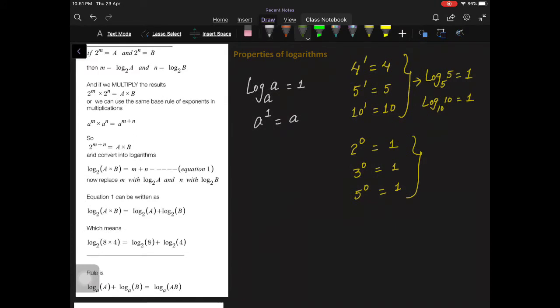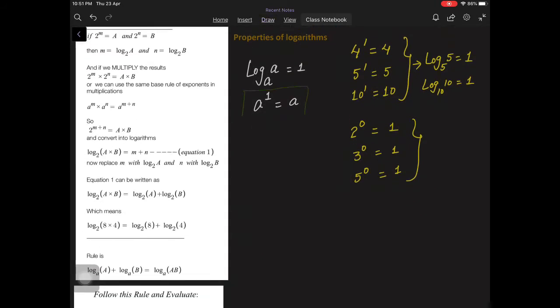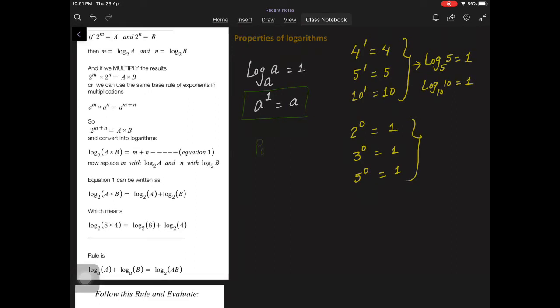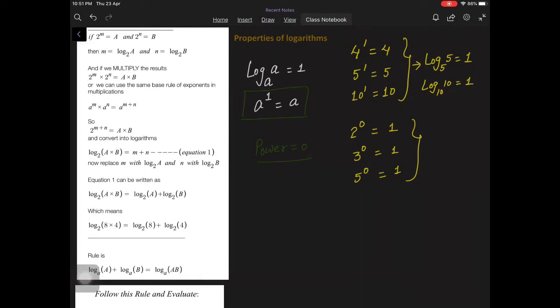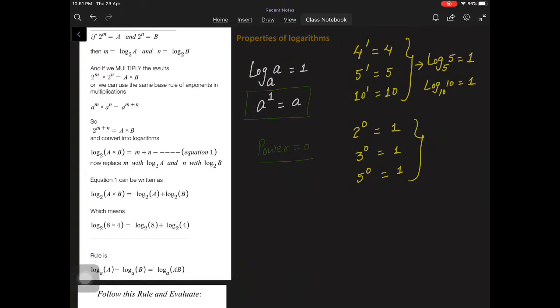Now we have the power 0. We know any number raised to the power 0 is 1. You can see some examples there: 2 power 0, 3 power 0, 5 power 0, all 1, no matter what the base is. If the power is 0, the result is 1. So we can rewrite them into logarithm. Let's take 3 power 0.